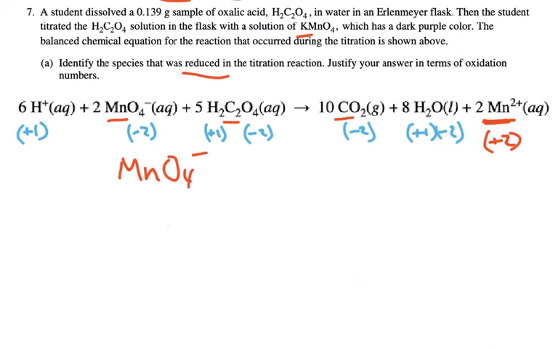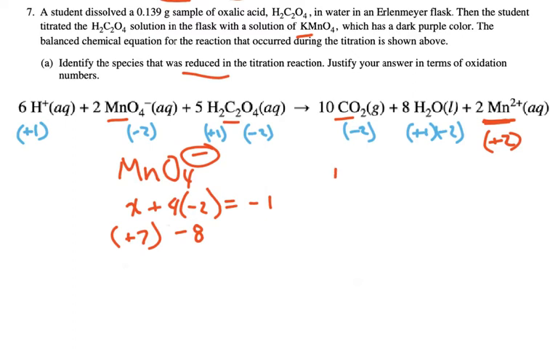So let's say the number for manganese is X, and we know that we have 4 minus 2's, and altogether it's going to end up being -1. So X plus 4 minus 2's equals -1, so this would be -8. So this must be +7. So +7 minus 8 gives us -1.